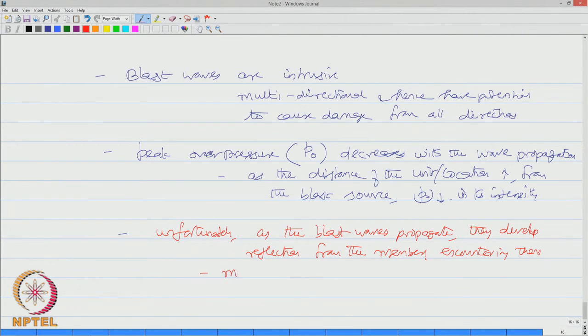This will generate a multiple wavefront which is capable of causing more, of course, minor damages.